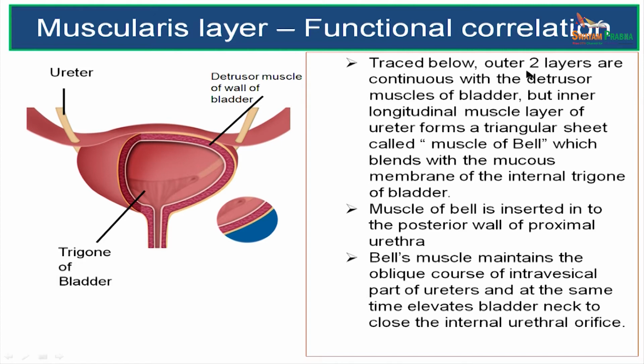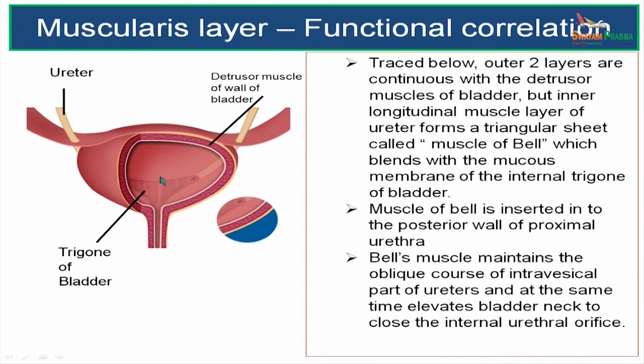So, the outer two layers are going to be continuous with the detrusor muscle of the bladder, but the inner layer, which is the longitudinal layer of the ureter, forms a triangular sheet of muscle, which is called as muscle of Bell, which is going to blend with the mucous membrane of the internal trigone of bladder.